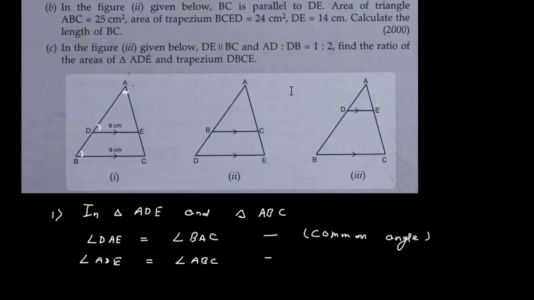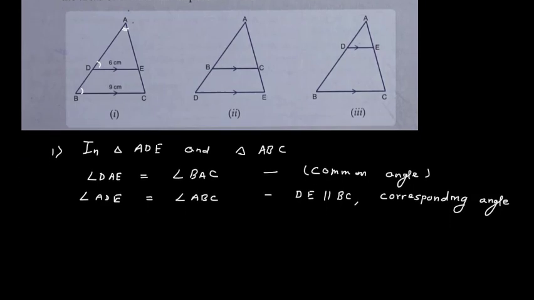Why? Because DE is parallel to BC, and these are corresponding angles. So these two angles are equal because they are corresponding angles. This is a common angle, so triangle ADE is similar to triangle ABC.